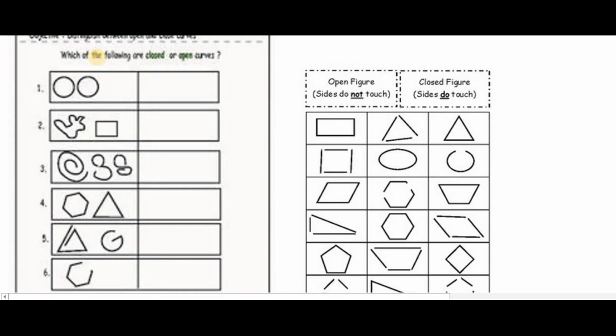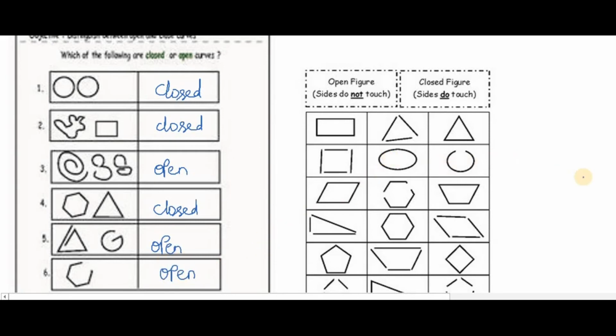In this question they are asking which of the following are closed or open curves. The first ones are both circles, so we can easily say that these two belong to closed curves. And this is also closed, and here all are open, and here all are closed, and here it is open, and this is also open.